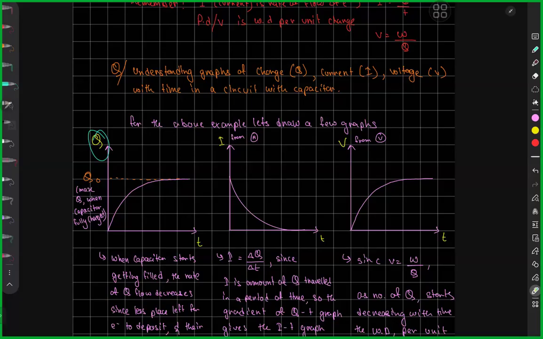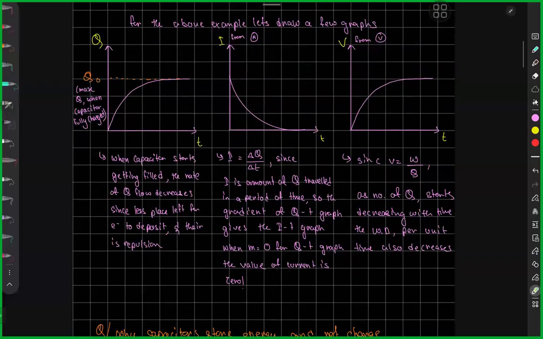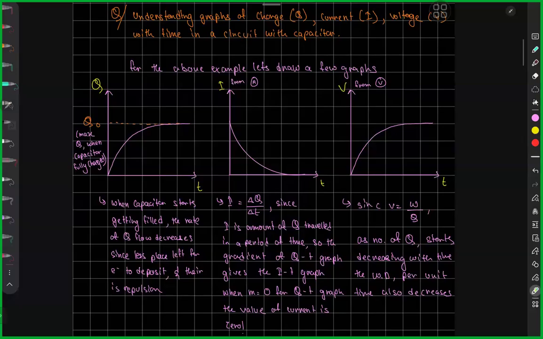So let's explain what each of these graphs mean. Yeah, I'll explain what each of these graphs are. So first off, we have the charge graph. What is it showing you?